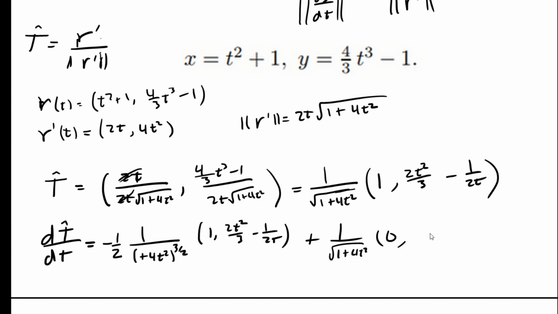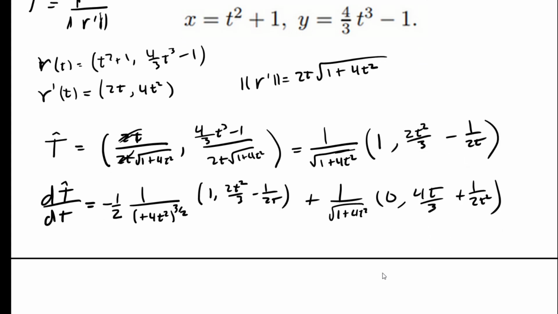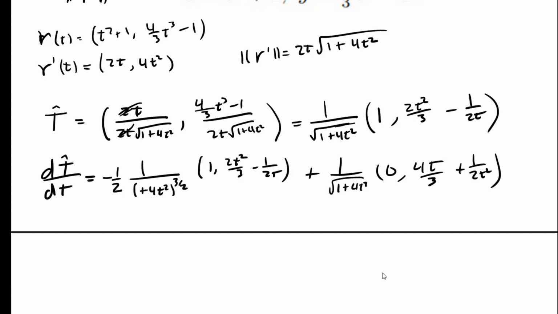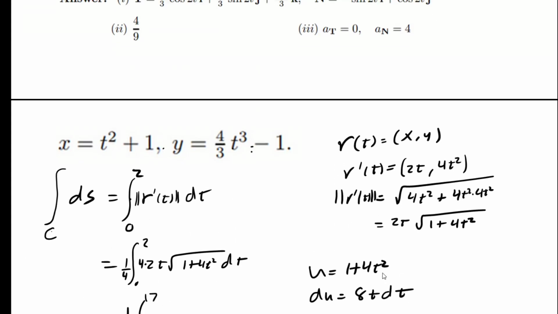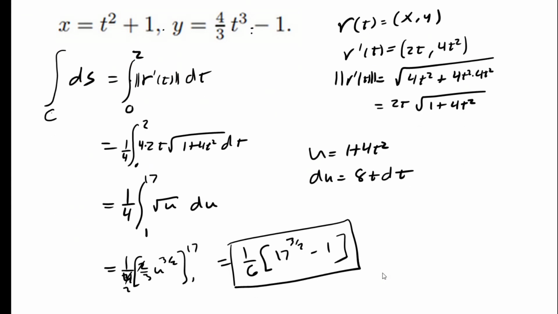So that's going to be 0, comma, 4t over 3 plus 1 over 2t squared. Okay, and we could combine these, but does it want it at a specific value of t? Yeah, t equals 1.